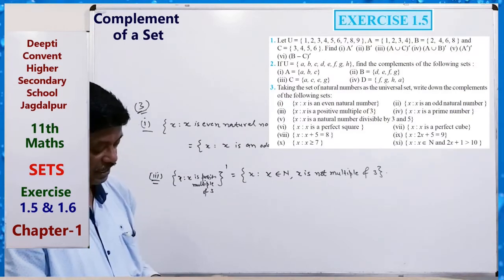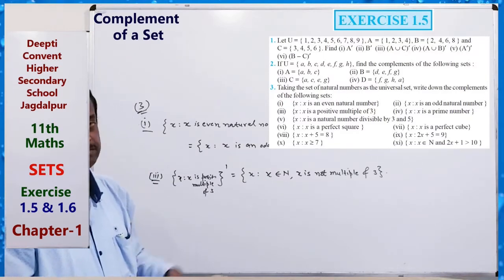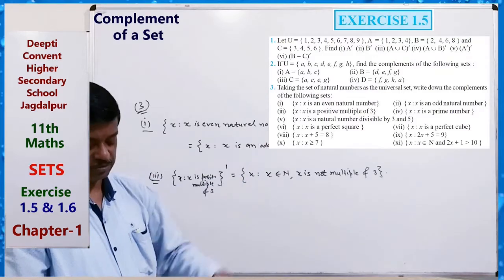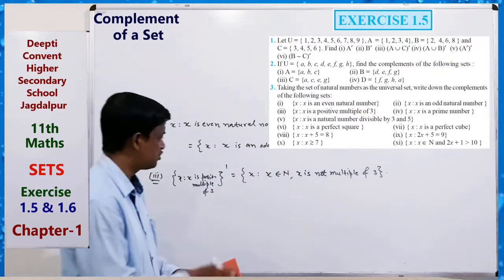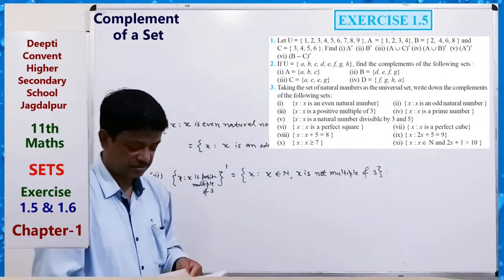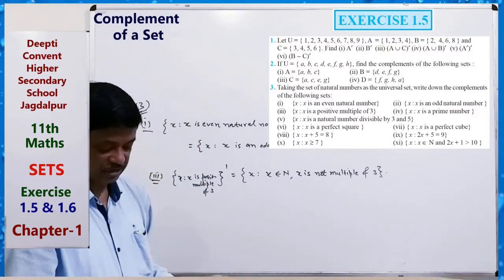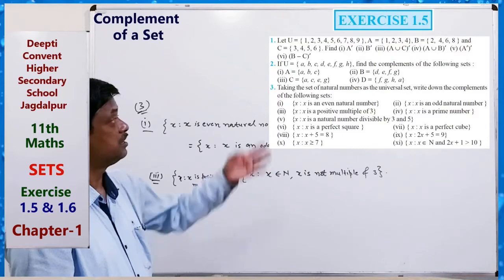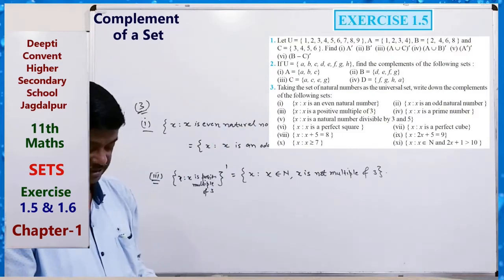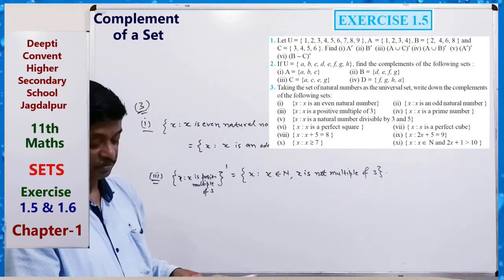Okay. In 10, x is greater than or equal to 7. x is less than 7, natural number. Means x belongs to N and x is less than 7. And x such that x belongs to N and 2x plus 1 is greater than 10. So what will be the answer? One means complement.